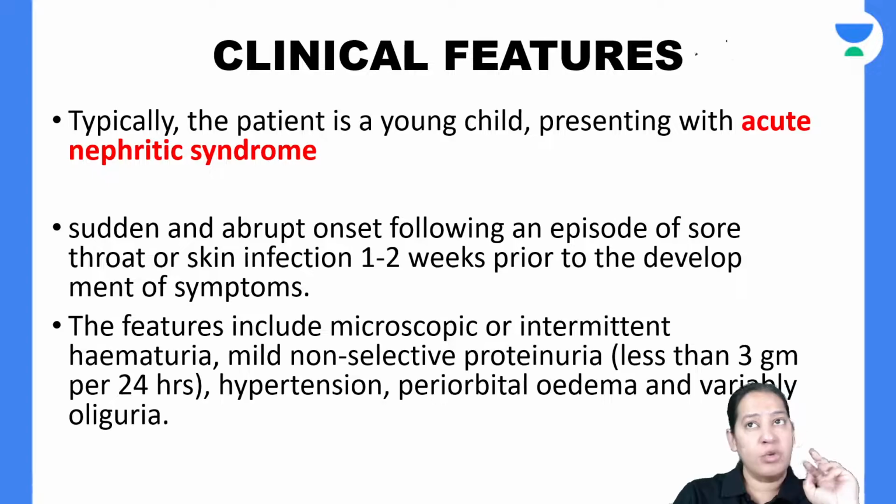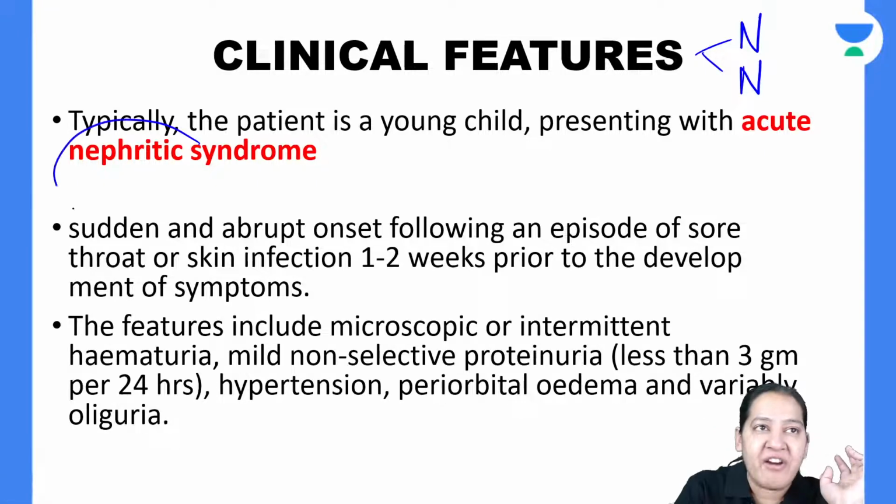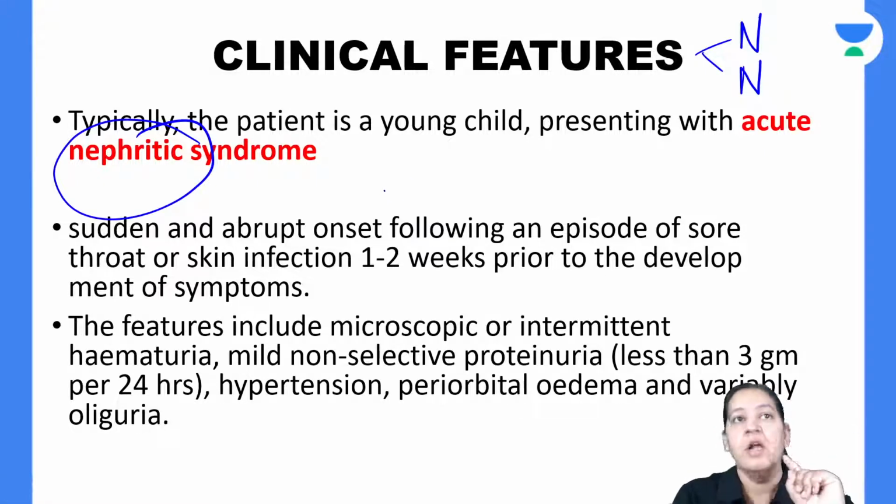I have told you there are 2 type of syndromes, nephritic and nephrotic. You already know the difference. PSGN or APGN, that is post-streptococcal or acute proliferative glomerulonephritis, leads to nephritic syndrome, not nephrotic. What are the clinical features of nephritic? Those who have attended my yesterday's lecture, they know the 5 features of nephritic syndrome.